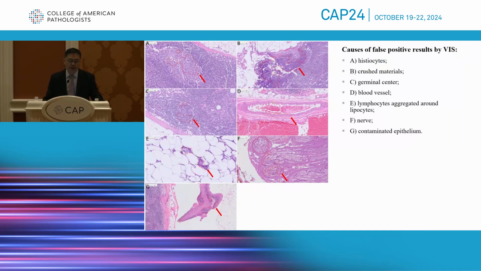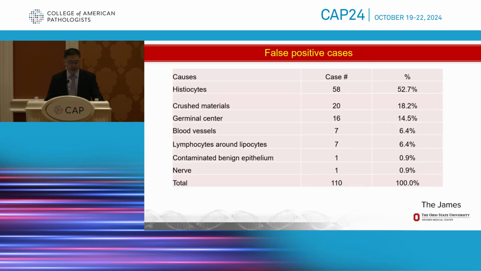Some of those false positive causes include histiocytes, crushed material, germinal centers, as shown here, even blood vessels, or contaminated epithelial cells. And we summarized that the most common false positive cause is histiocytes, as shown here.